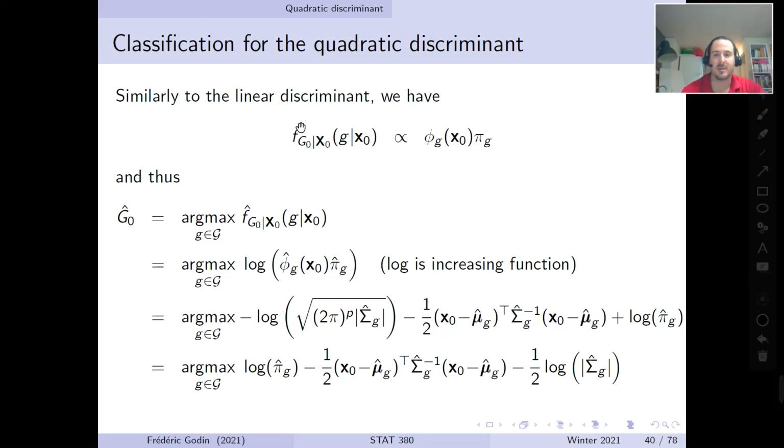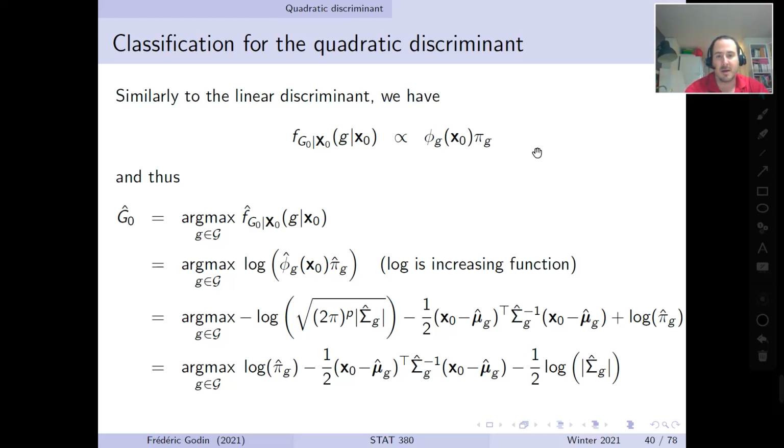And this relationship still holds. Therefore, if you have a completely new observation that you'd like to classify, the forecasted class for this new observation is the one which maximizes the conditional probability of being in that class given your predictors. And because of this relationship, we can substitute this by this in the maximization.